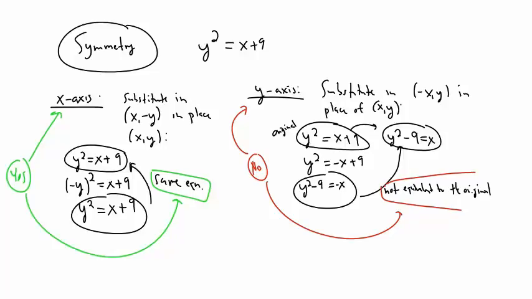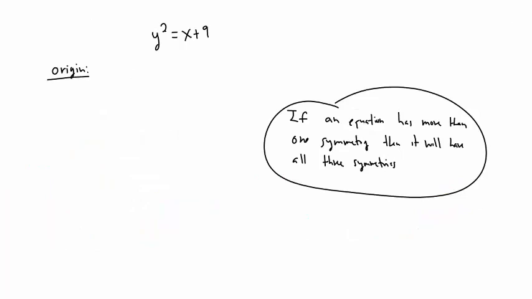So this tells us that it will only have x-axis symmetry. But let's nonetheless check symmetry about the origin to go through the exercise. The reason why we can conclude that it will not have symmetry about the origin is because of this factor over here.